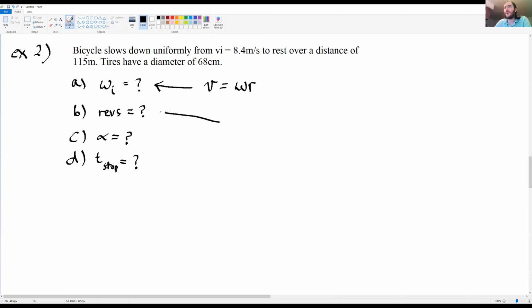So you're after this part now, right? There's a couple different ways to do it. Let me give you one way, since it'll help get you started. You can use this equation here: theta final equals theta initial plus omega initial times t plus 1/2 alpha times t squared.